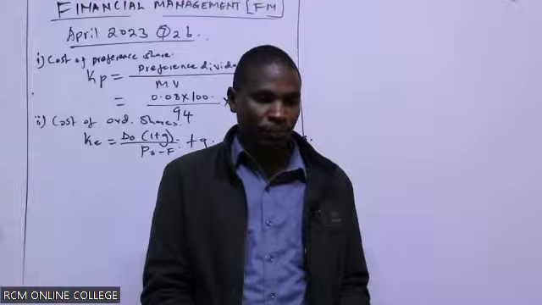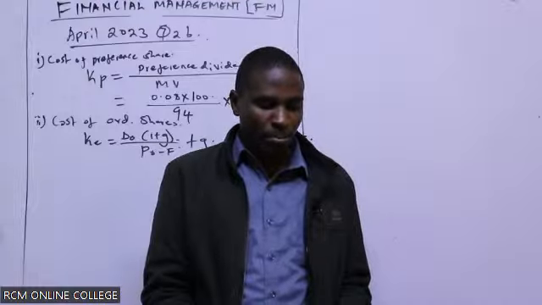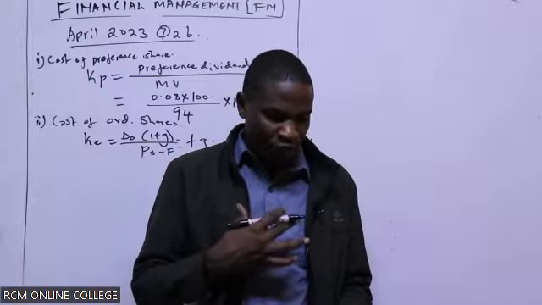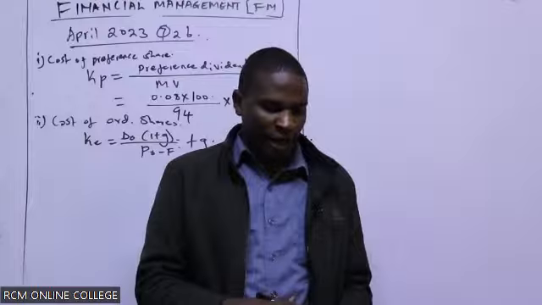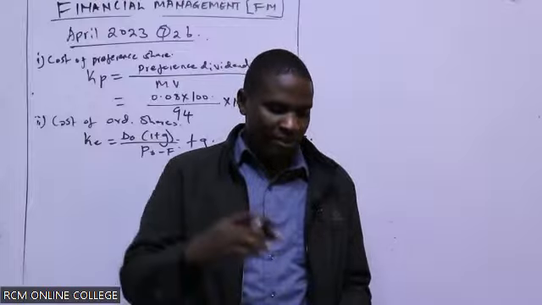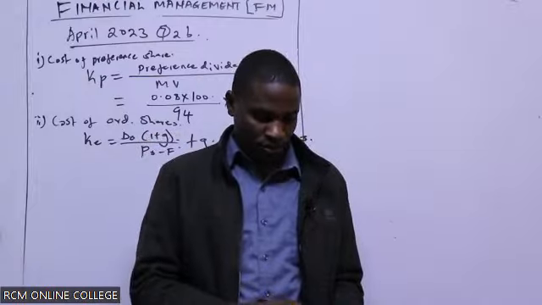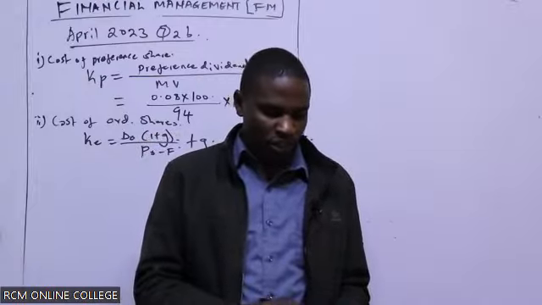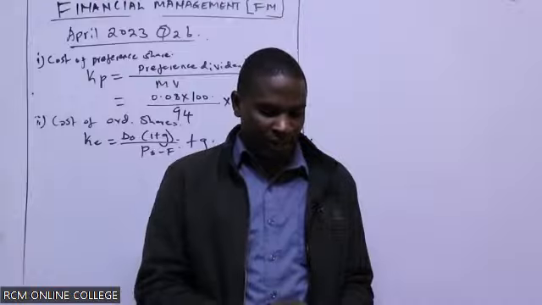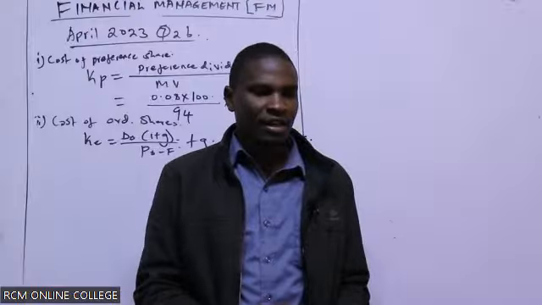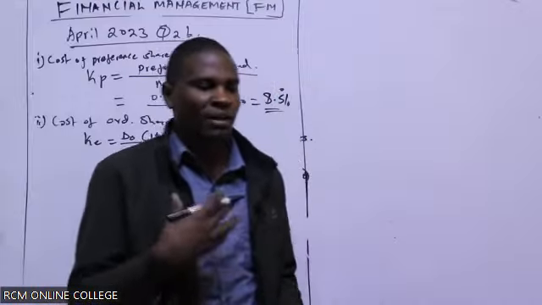Now I need to determine my D0. I go to the additional information where they are giving me information regarding the ordinary share. I'm told that last year's dividend amounted to 3 million, which was 70% of the net earning. The company expects this dividend to grow at a rate of 6%. Now, at least I'm getting some relief.